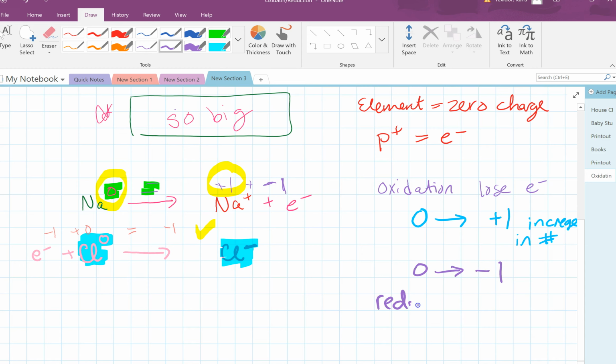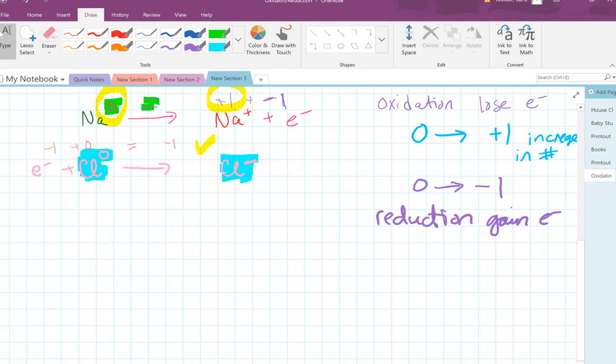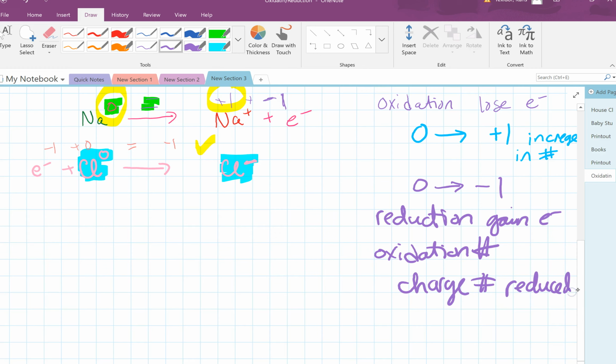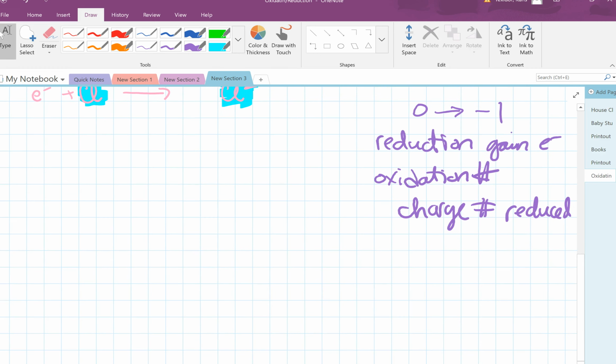This is reduction. It gains electrons. So what happened to the number? The oxidation number, or you can say the charges. The charge number was reduced. So by adding electrons, you are ultimately adding negative stuff.